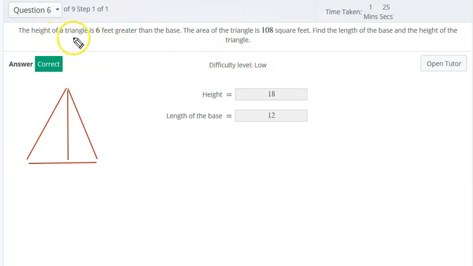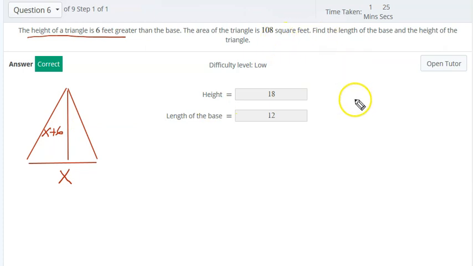All right, this one's a little different because now the height is 6 feet greater than the base. So the base will be x. You don't know that. But this height is going to be 6 feet more than that. So that's x plus 6.